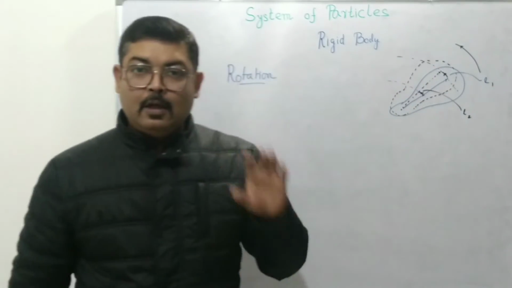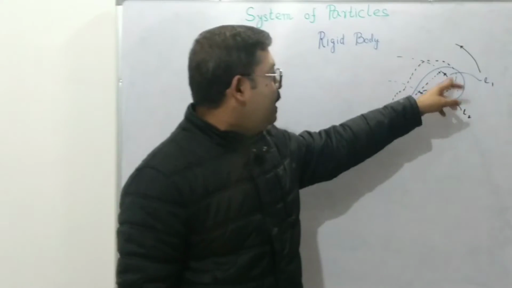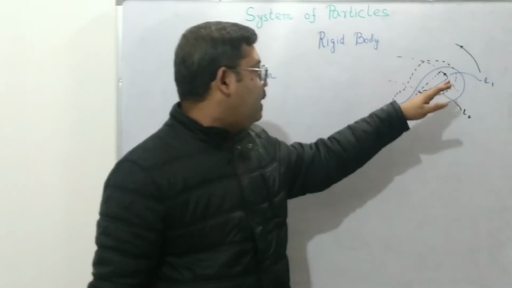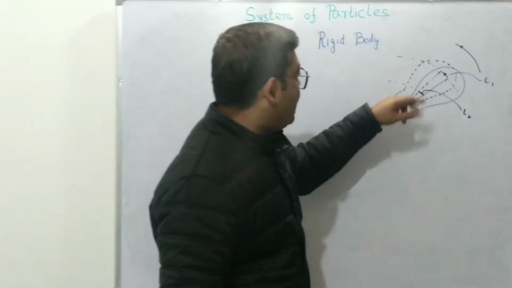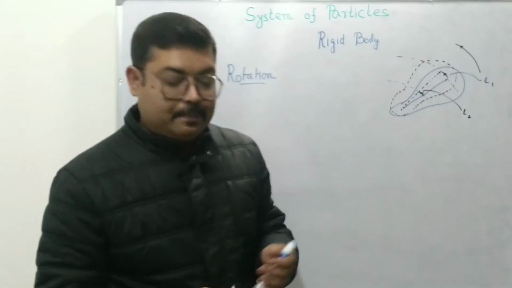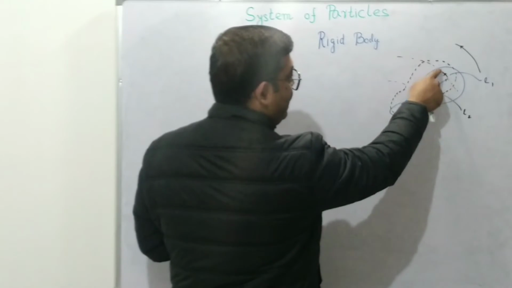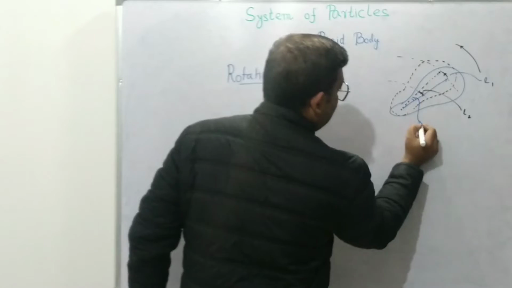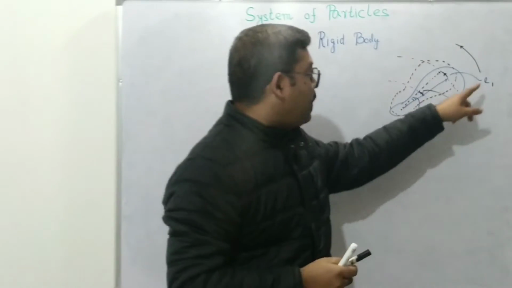So when we talk about rotational motion, if we say the linear displacements of the particles from one point to another, they will vary. However, if you notice, since they are on the same line, the angle subtended by the initial and final positions, this angle, say theta, will be the same for both the particles.